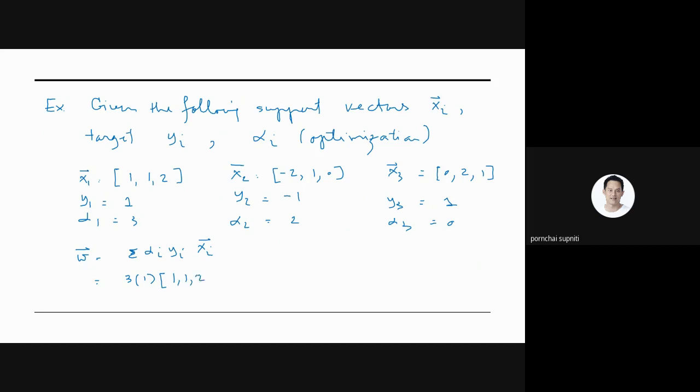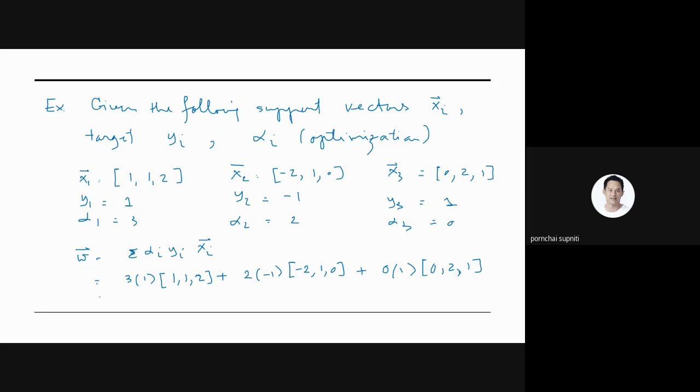Okay. You can also write it in the vector form. That is also possible. Add it with alpha 2 times y2 and the support vector number 2, which is -2, 1, 0, and add it with alpha 3, which is 0, multiplied with 1, and the third support vector, 0, 2, 1.